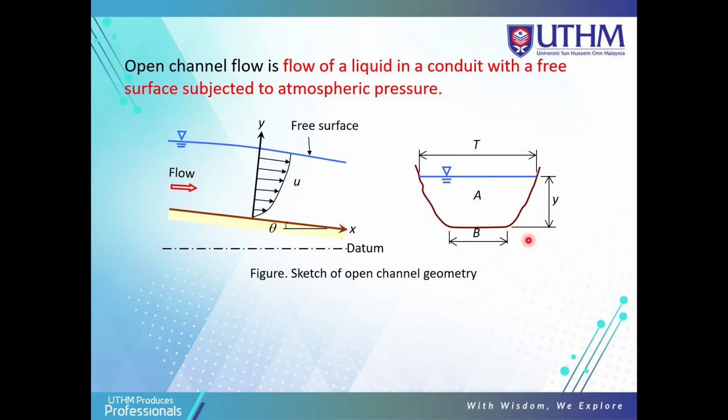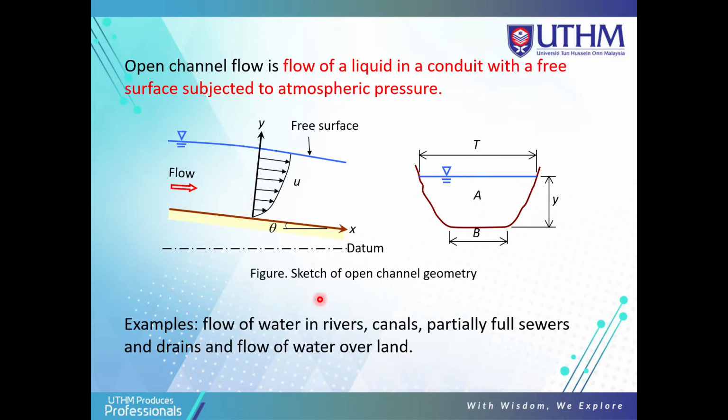For example, flow of water in a reverse canal, partially flows seawards and drains, and flow of water over land is open channel flow. Actually, open channel flow is flow of water in a river, for example. Flow of liquid in a conduit with a free surface.